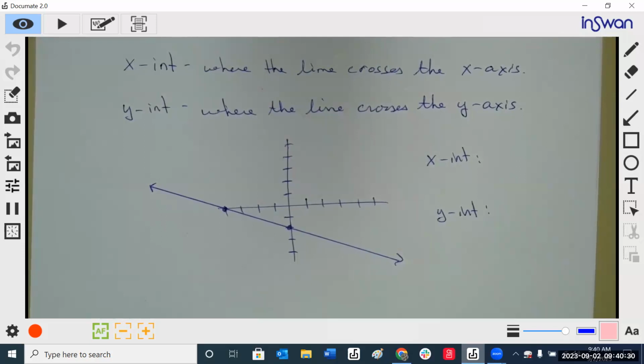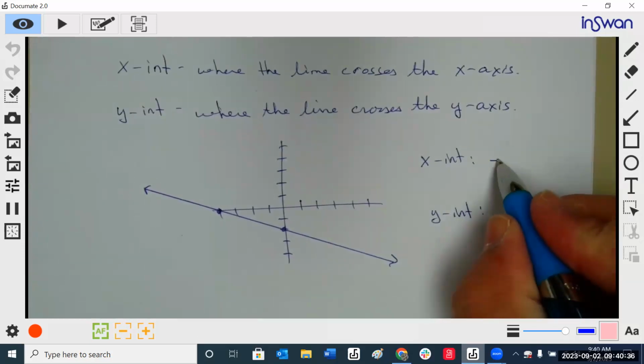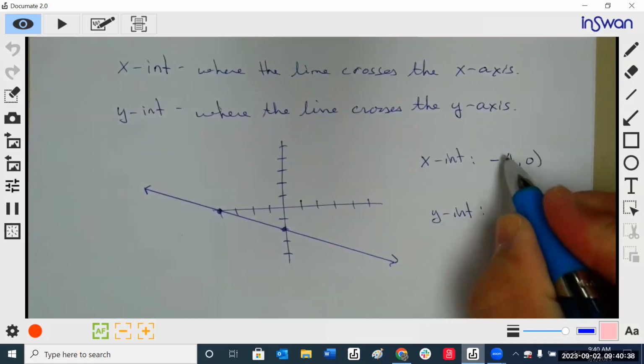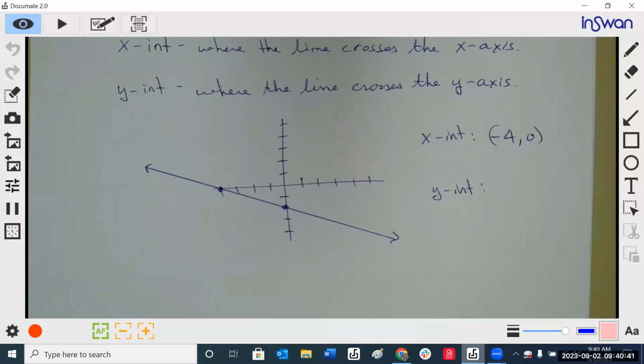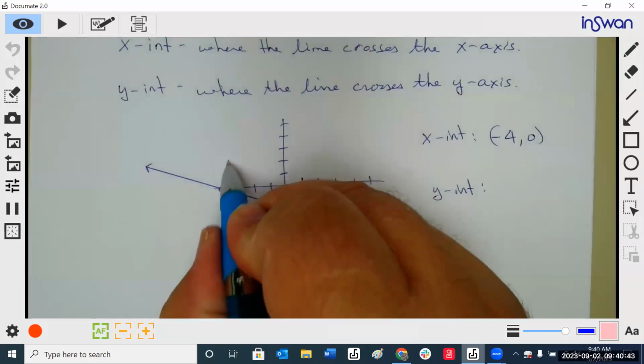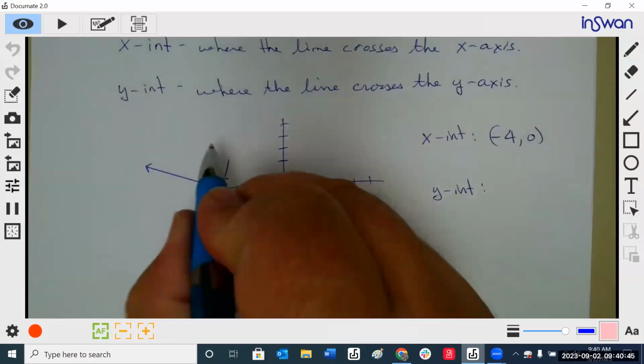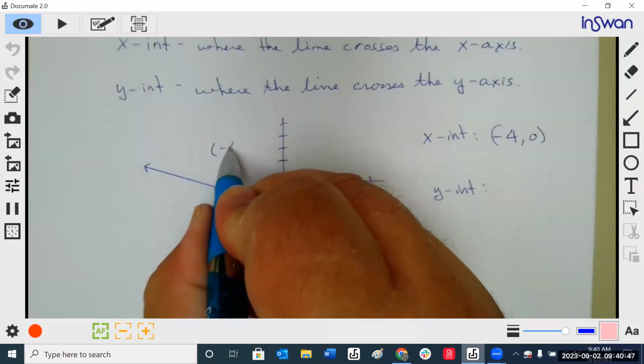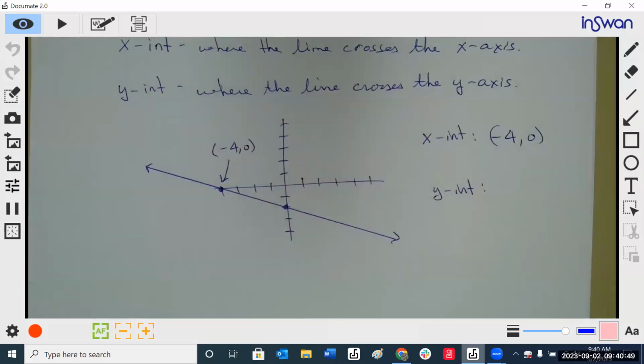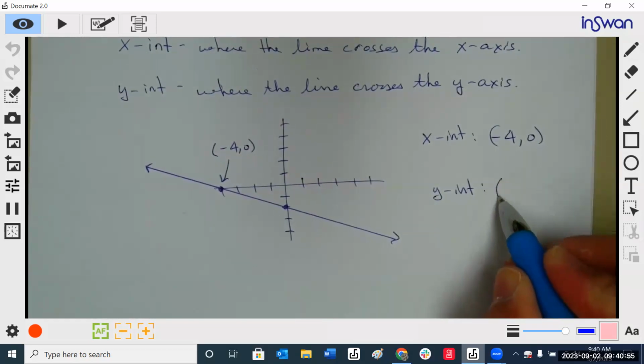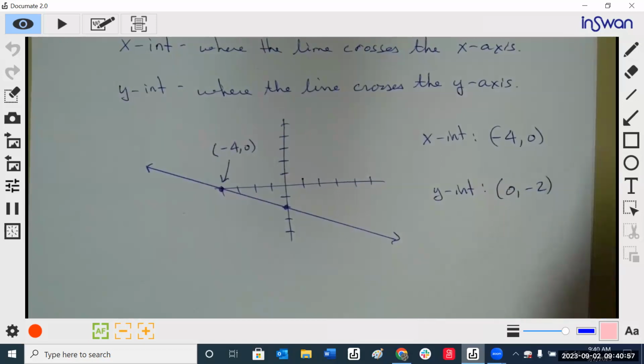Where's the x-intercept? Very good. It's a location. The x-intercept is the location where it crosses the x-axis. And the y-intercept? Yeah, 0, -2. Right.